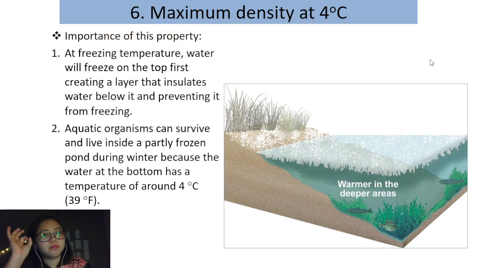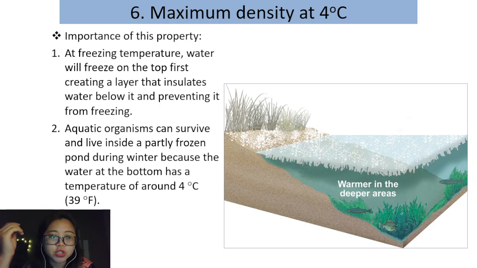Why is that important? Because in nature, not just in your fridge, okay, in nature at freezing temperatures, water will freeze on the top first, and this will create a layer that insulates the water below, preventing it from freezing. So first point is that bukan satu tasik itu akan beku kalau cuaca kalau suhu persekitaran kita turun. Only the top layer will freeze. Bottom layer is still water.